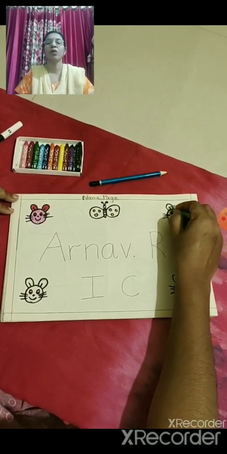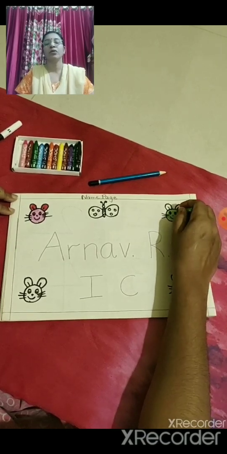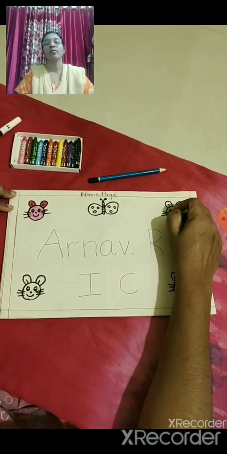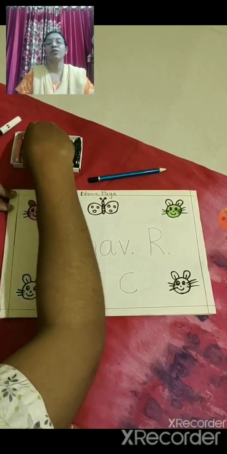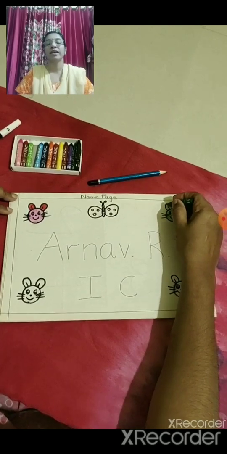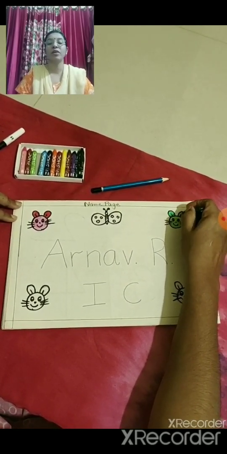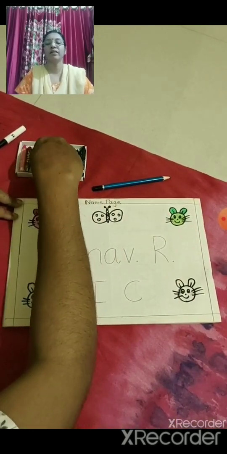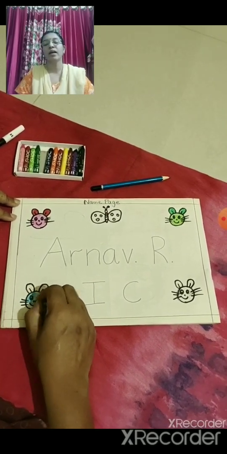Now I am not going to give the same color for the other bunny rabbit. I am going to give light green color for the face. And which color will I give for the ears? Yes, dark green. So this is the combination of light green and dark green. I'm going to color the other bunny.